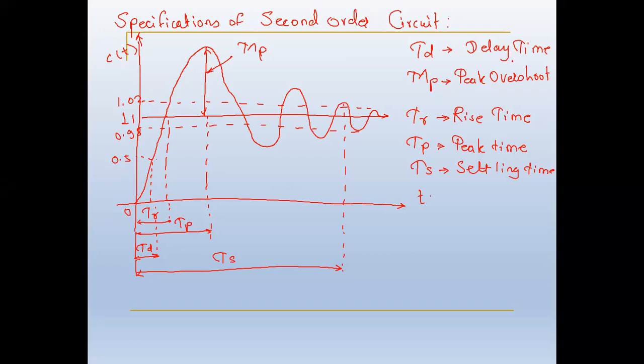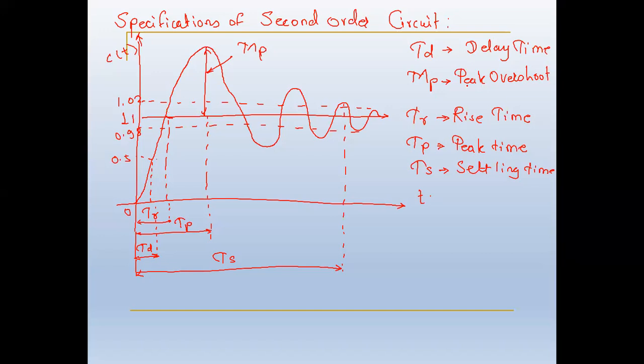Next we have the peak overshoot. Before peak overshoot, we should go with TP or TR. Let us go with TR, the rise time. It is the time required for the response to rise from 10% to 90% of the final value for an overdamped system, and 0 to 100% for an underdamped system.